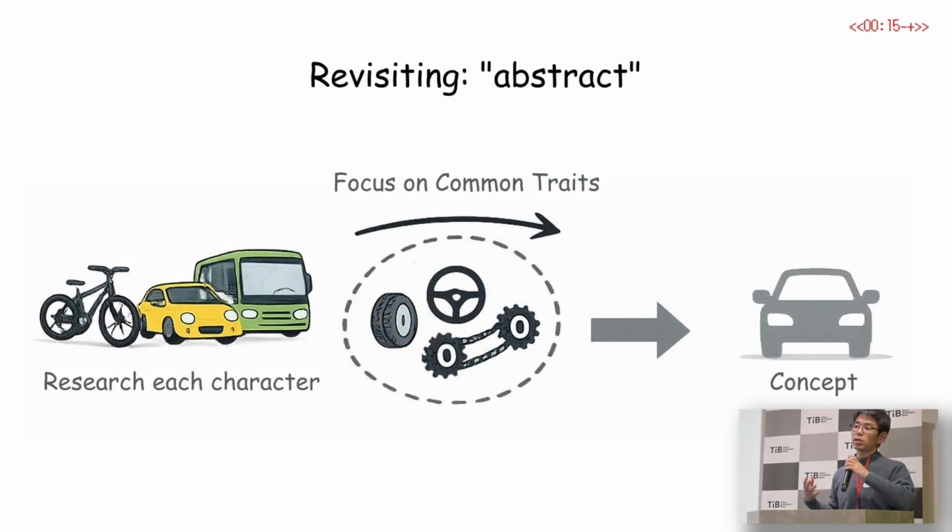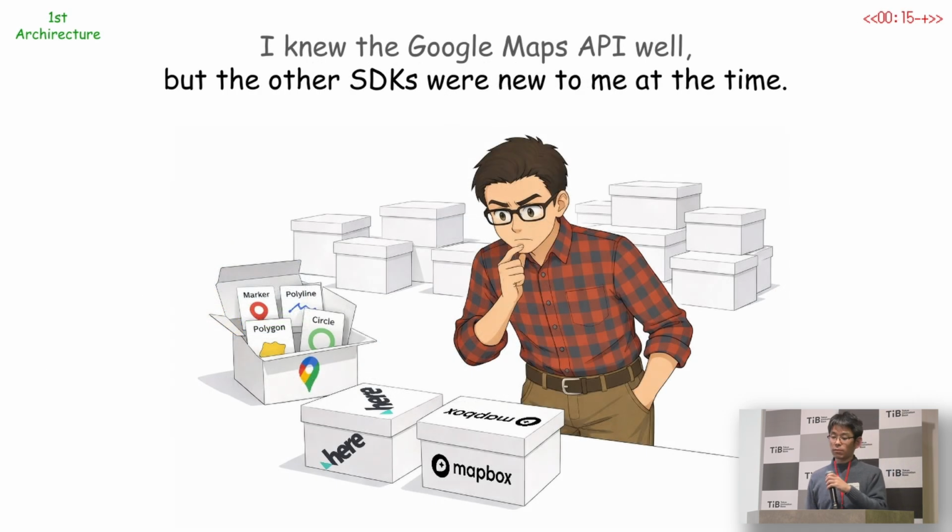So I revisited what abstraction is. Abstraction means researching each character, focusing on common traits, and creating something common. That's the abstraction, right? I knew the Google Maps API very well, but other SDKs I did not.